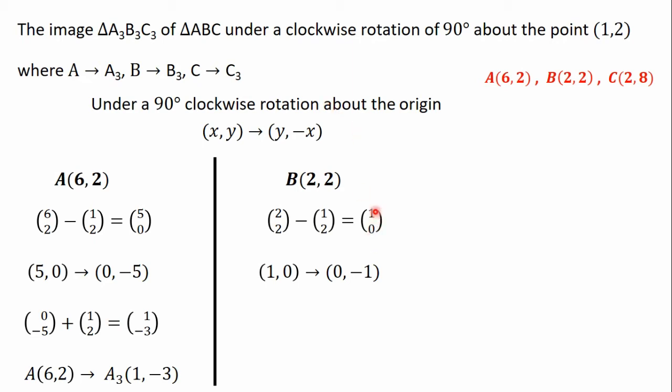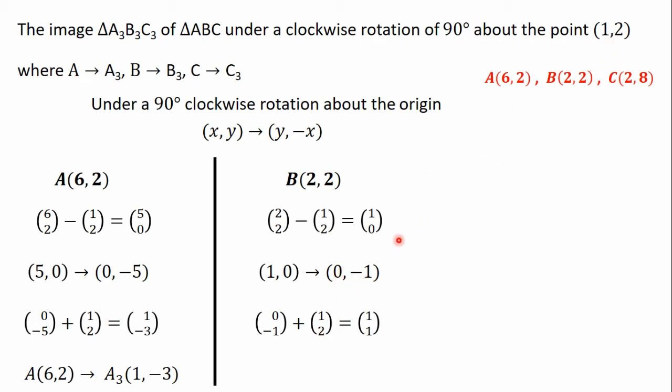So we rotate 1, 0 in the 90 degrees clockwise angle about the origin, and we will have 0, minus 1.